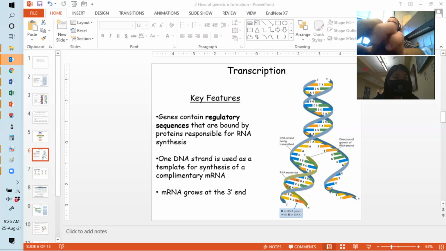However, there's an unknown part that contains non-coding genes.